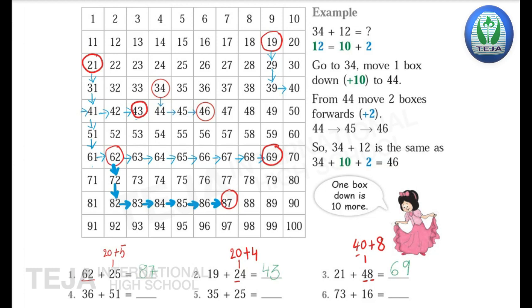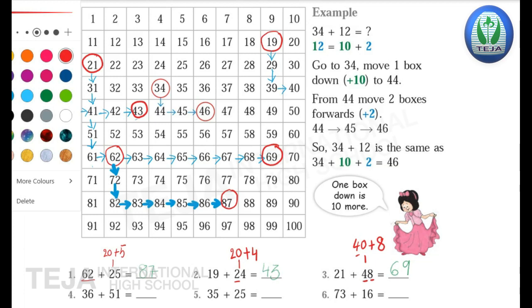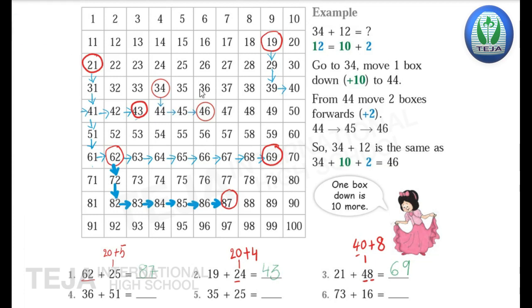Okay. Now next, the numbers in the fourth question are 36 plus 51. Here 36 is there. So we'll circle 36. Here 36. Circle 36, children. Now next, here the second number is 51.